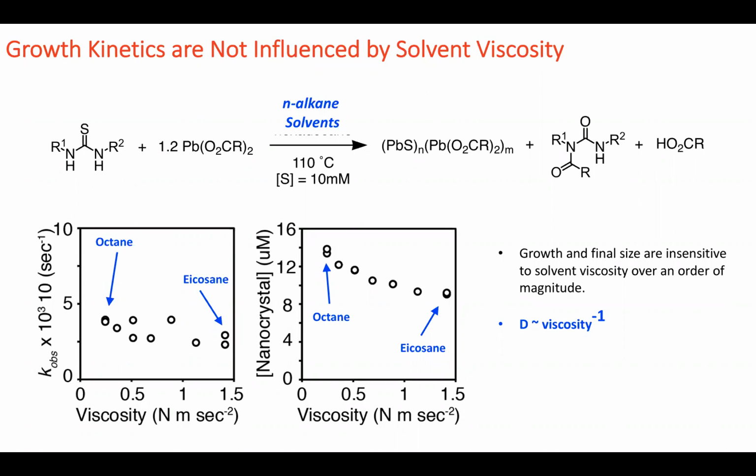If the growth rate is slower, what should that do to the number of particles? Yeah, if the growth rate is slower, the crystals don't grow, and all the solutes will nucleate instead. So a slower growth rate means a greater number of particles.